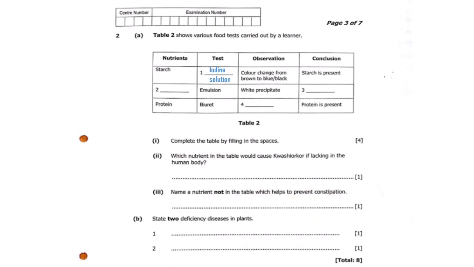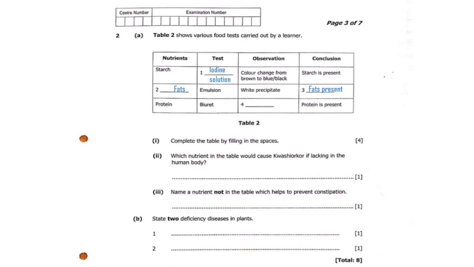2, we have emulsion. So what are we testing for with emulsion? Here we have the fats. So when we observe a white precipitate, then we are saying that fats are present.